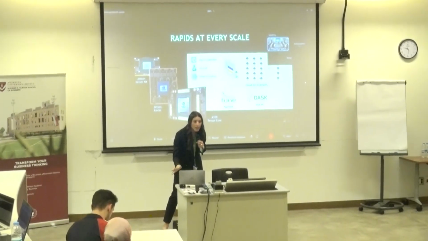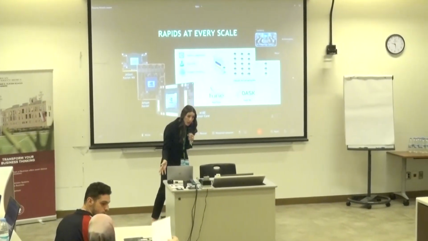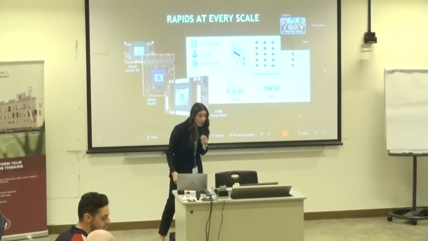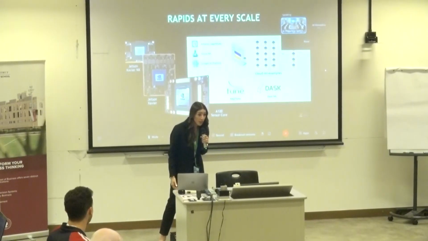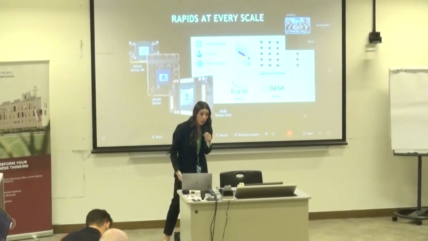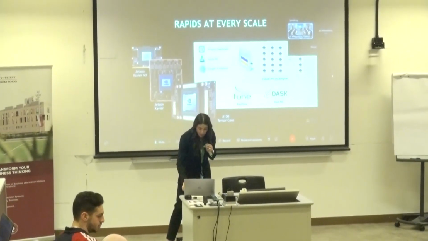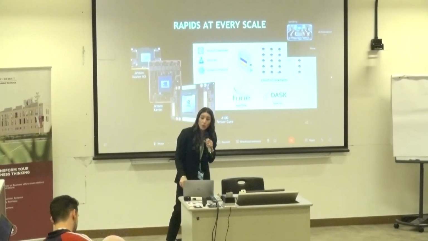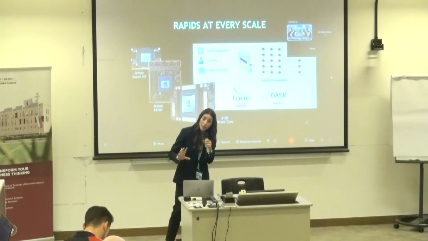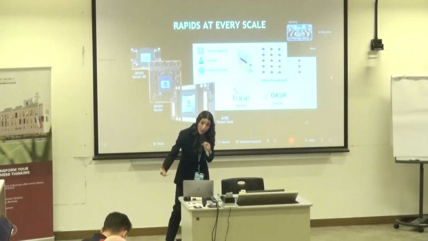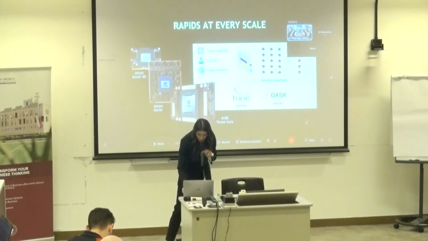So there's no limit to what computing environment you're using. If today you're working on Colab, tomorrow you get hired by NVIDIA and you want to implement something on a data center or a supercomputer, the same code seamlessly scales up using this RAPIDS framework. You can even do it on the edge using particular NVIDIA GPUs like the Xavier or Jetson boards. RAPIDS can run over there as well.